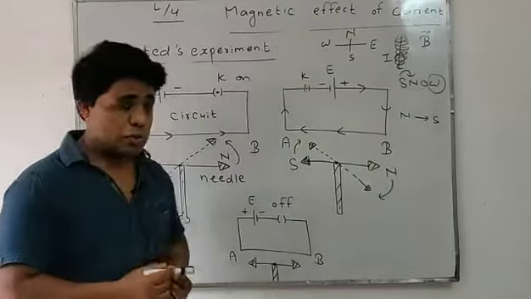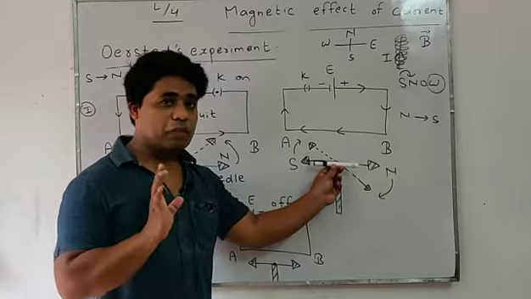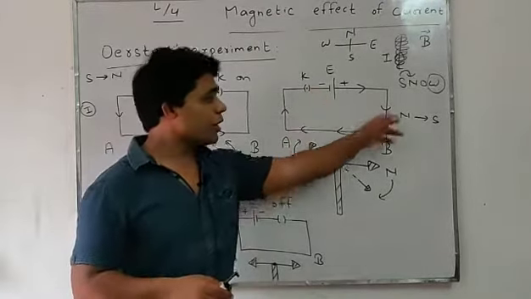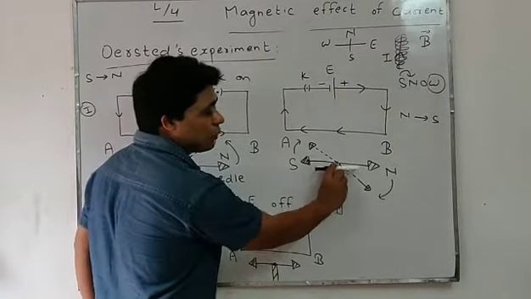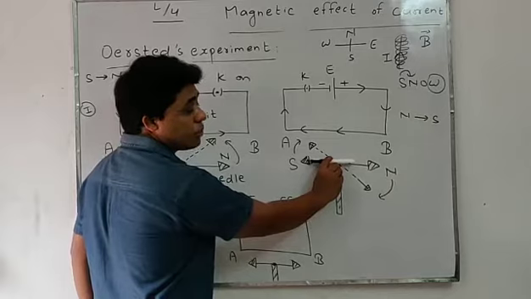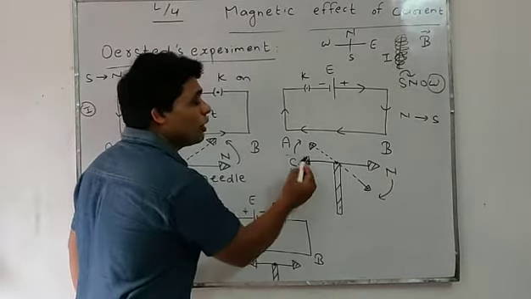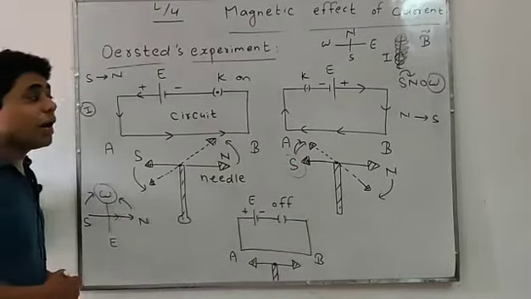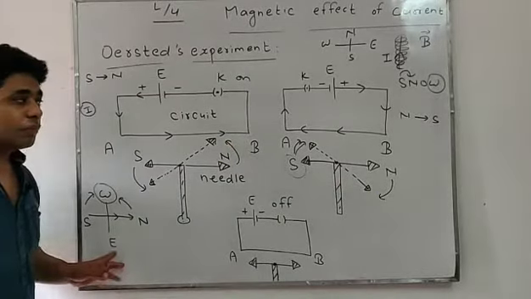That was the initial condition of the needle before switching on the current. When the current flows, the magnetic needle deflects like this. It means the south pole of the needle deflects in the direction of west, or we can say the north pole deflected in the direction of east.